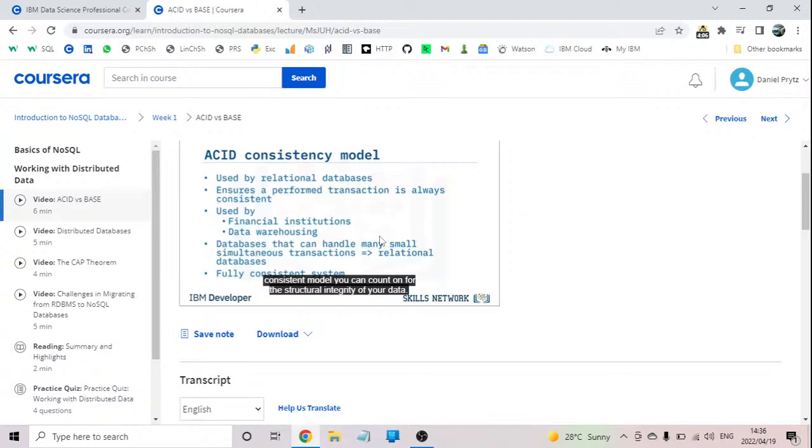Let's keep going. Fully consistent systems. That means that data integrity is ensured.